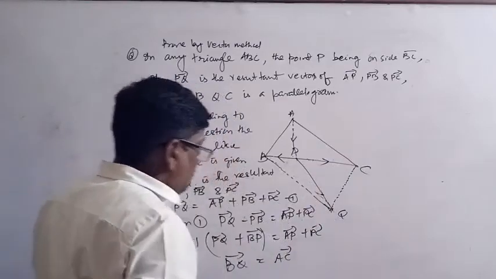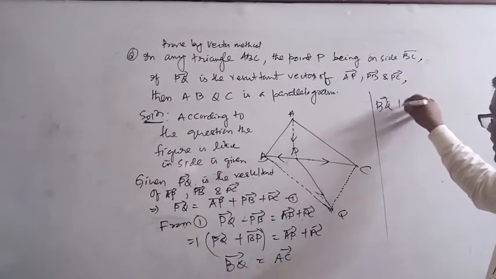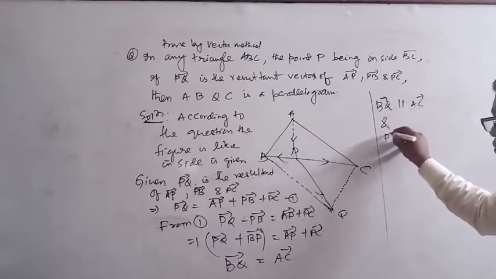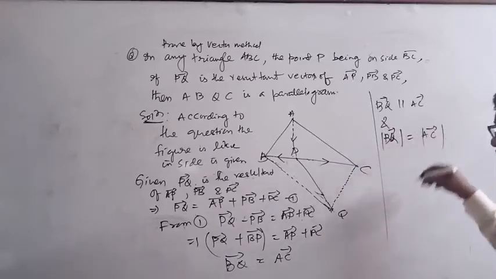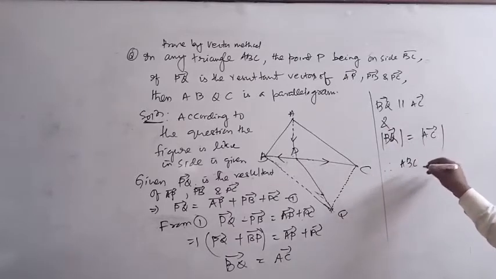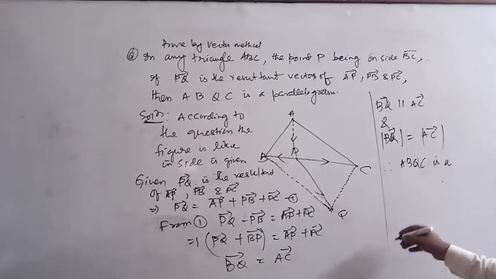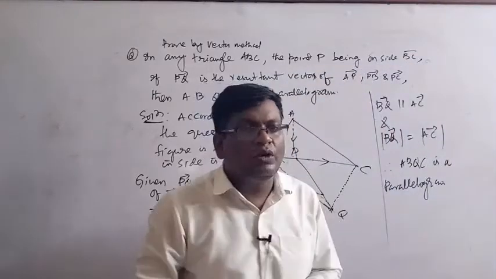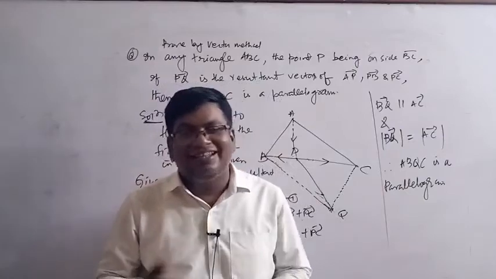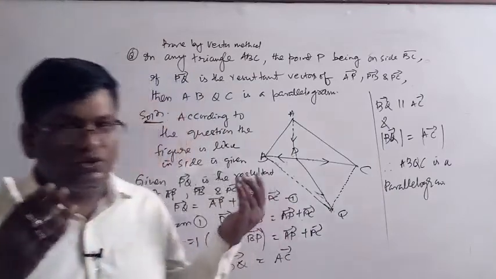So BQ is parallel to AC, and also the magnitude of BQ is equal to the magnitude of AC. Therefore ABQC is a parallelogram, because if two opposite sides are parallel and equal, then the quadrilateral is a parallelogram. Okay. Now another question.